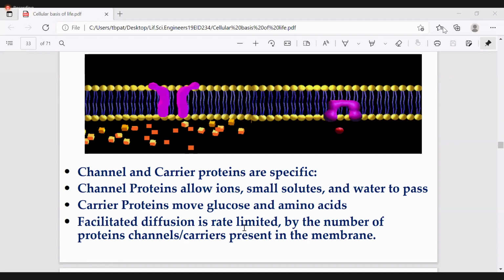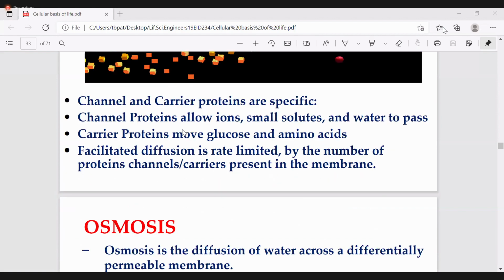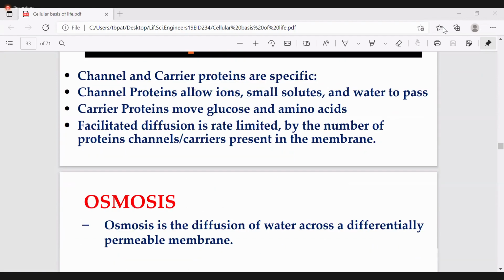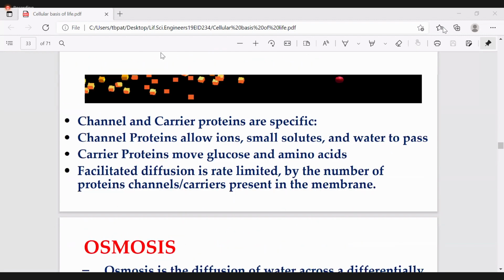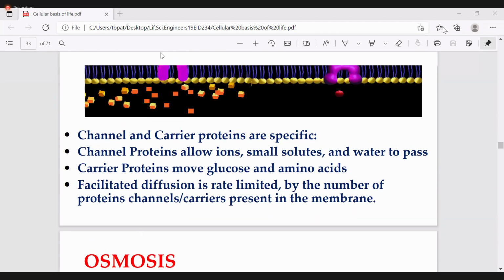The facilitated diffusion rate is limited by the number of protein channels or carriers in the membrane. Here there is no external pressure, unlike active transportation across the membrane.